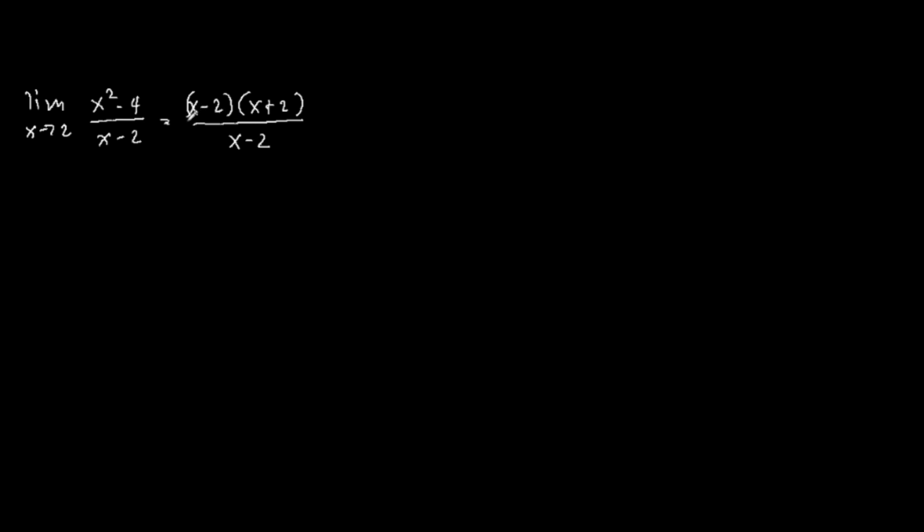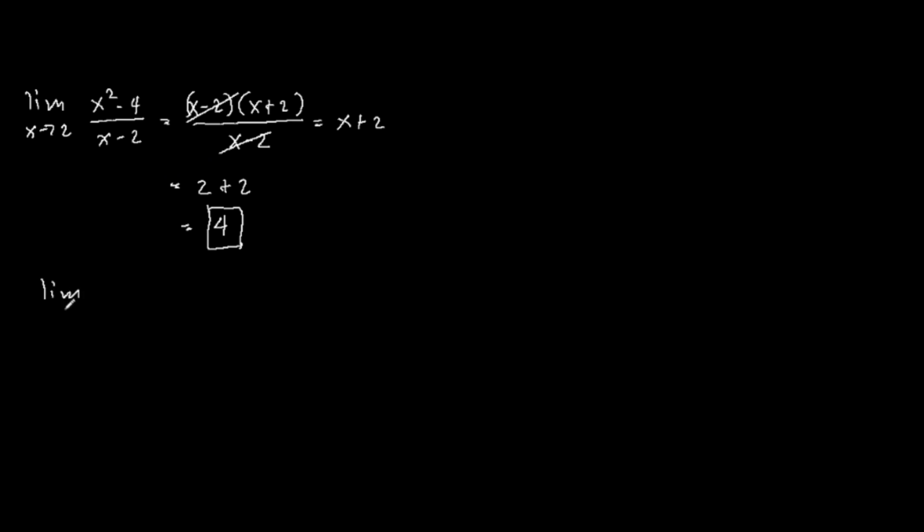Then we cancel out x minus 2, and the remaining is x plus 2. Substituting x equals 2, we get 2 plus 2, which is 4. So the limit as x approaches 2 of (x squared minus 4) over (x minus 2) is equal to 4. Next example.